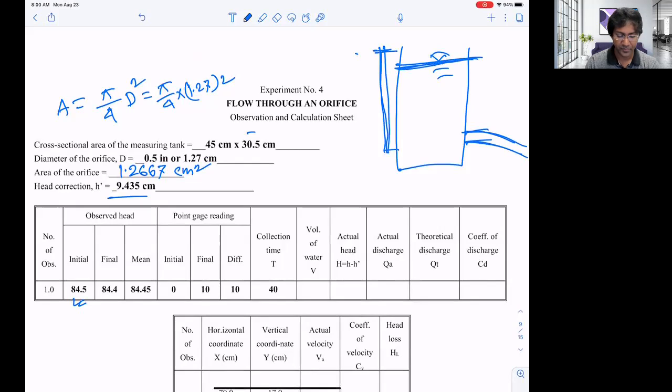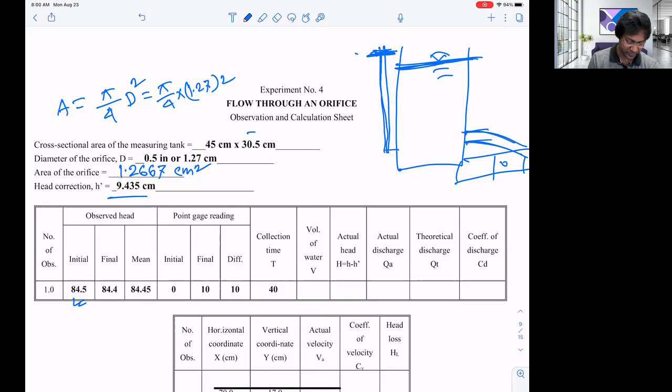So while measuring that x, while it is flowing, and for the time for which we are collecting water for 10 centimeter, within this time period we'll take this reading once and we'll take the reading again, so that we can take an average to make this accurate.